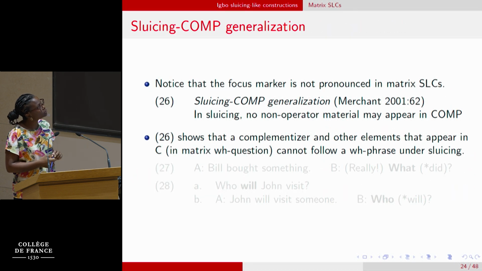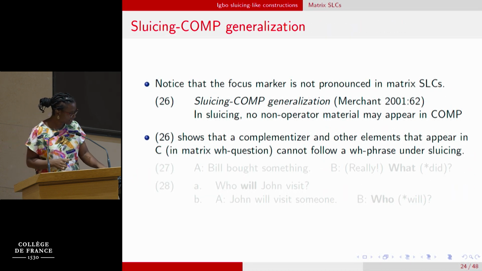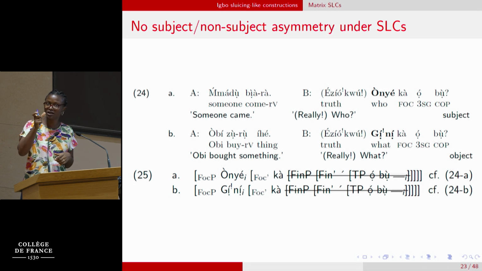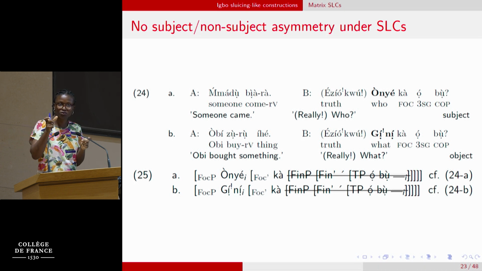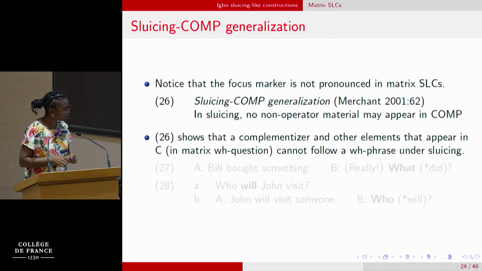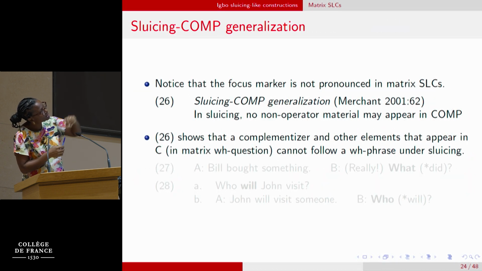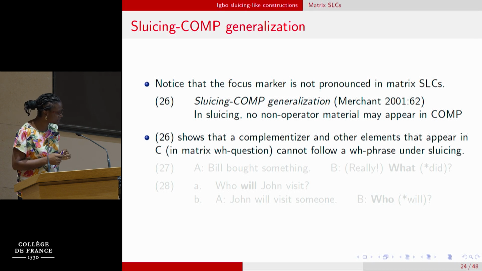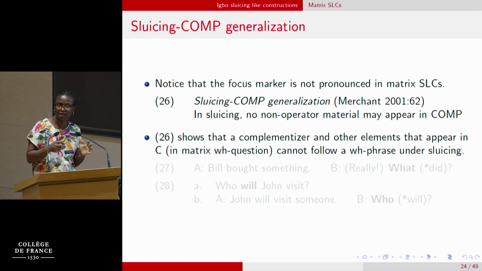But one thing we notice is that the car element that I showed you earlier, which we always get with non-local subjects, does not appear in our cases of sluicing. What I'm suggesting is that this goes along with the sluicing comp generalization, which says that in sluicing, no non-operator material may appear in comp.